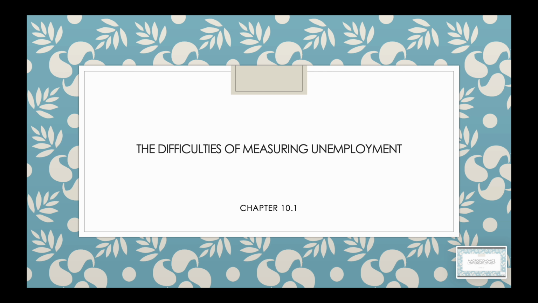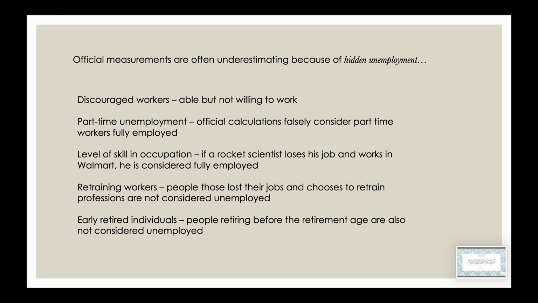And let's talk about the difficulties in measuring unemployment. Official measurements are very often underestimating or overestimating because of hidden unemployment. Some examples: discouraged workers, people who are able but not willing to work anymore. We have part-time unemployment, which means officials' calculations falsely consider part-time workers as fully employed people.